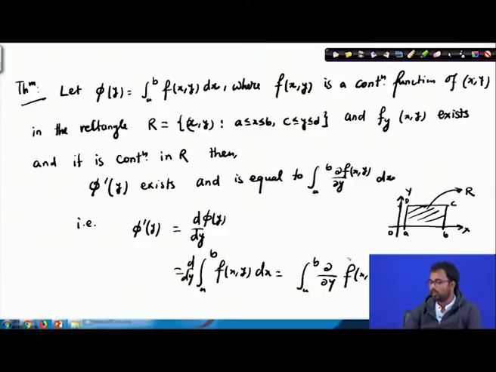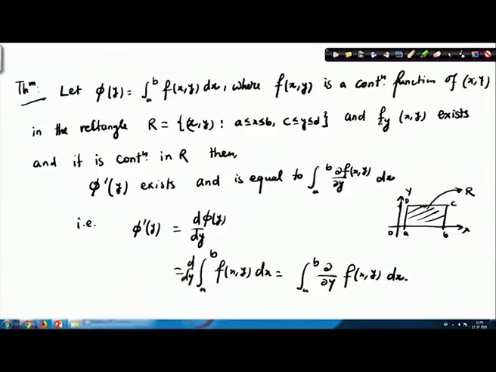That means, if the function f is continuous in the rectangle R, which is given in this fashion, and if the partial derivative with respect to y for this function f exists and is continuous in R, then the derivative of the function phi can be given in this fashion, and you can bring the derivative inside the integral.